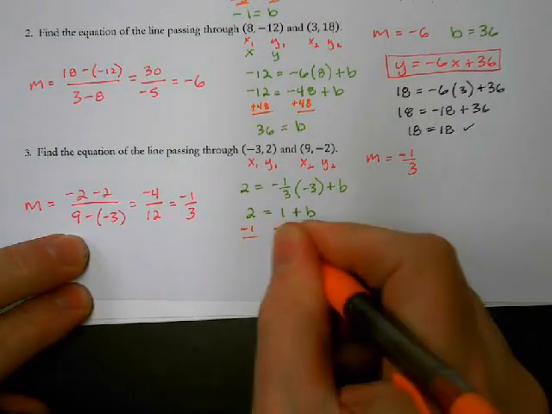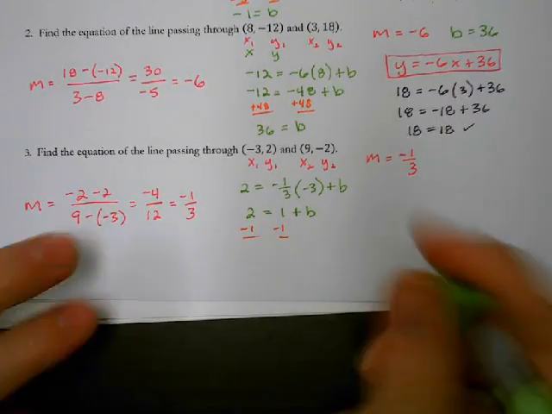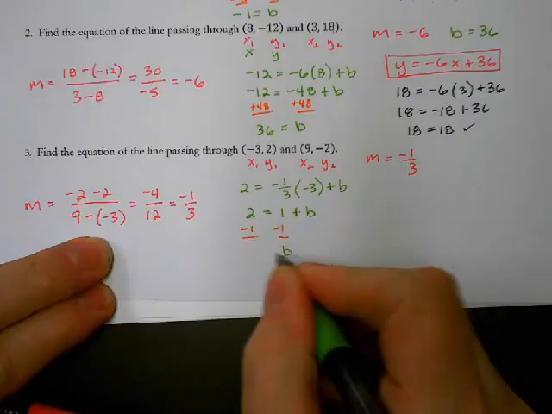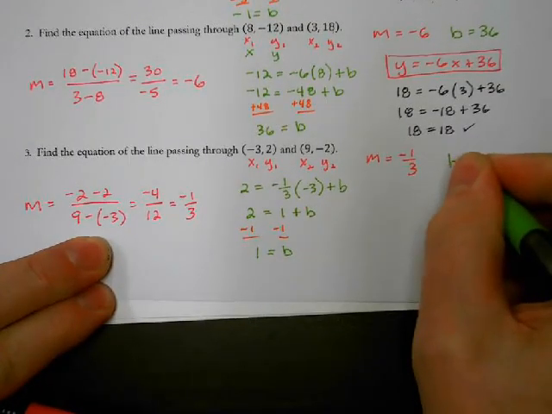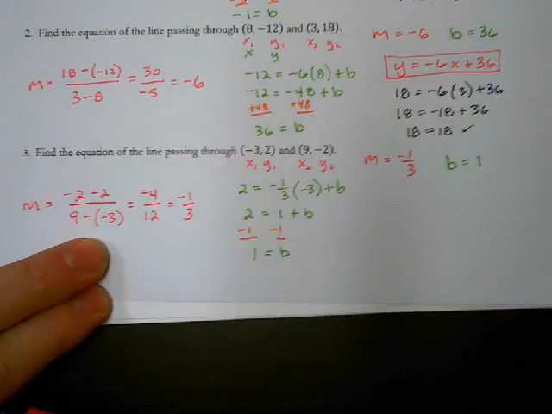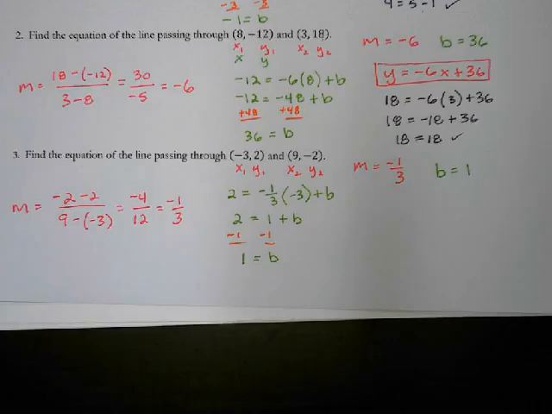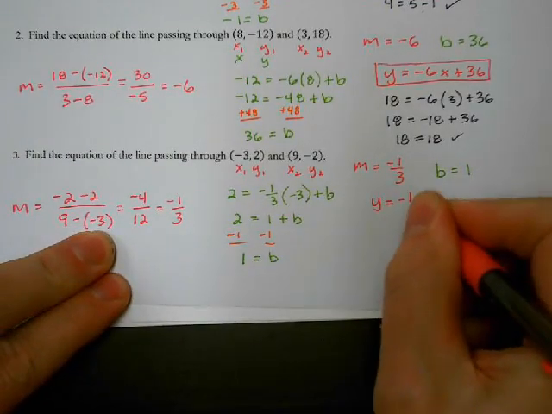And I end up with b equals 1. So my slope was negative 1/3. My y-intercept is 1. So now I can write the equation of my line. My line should be y equals negative 1/3 x plus 1.